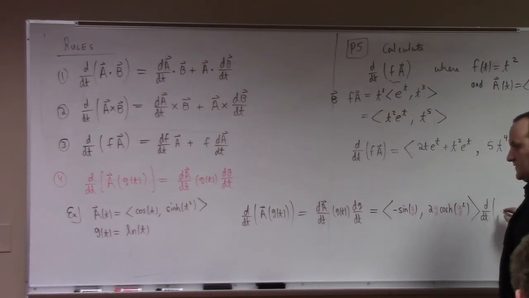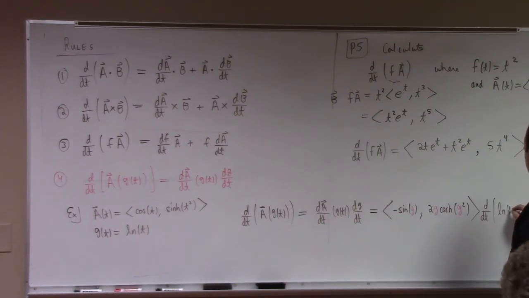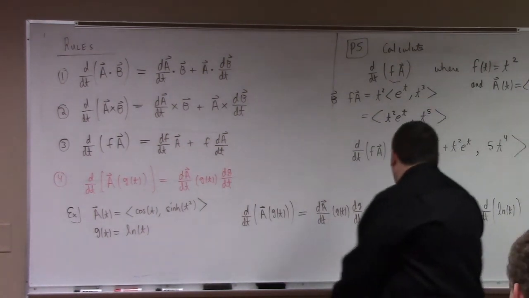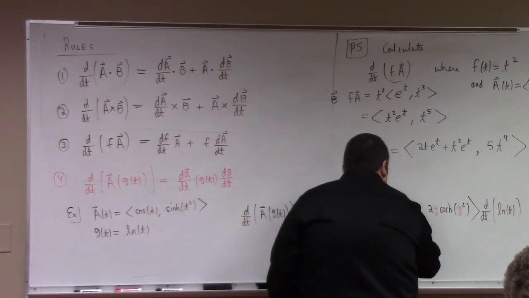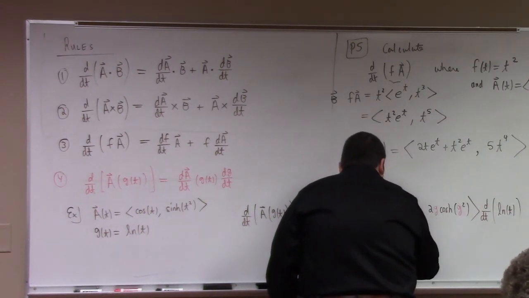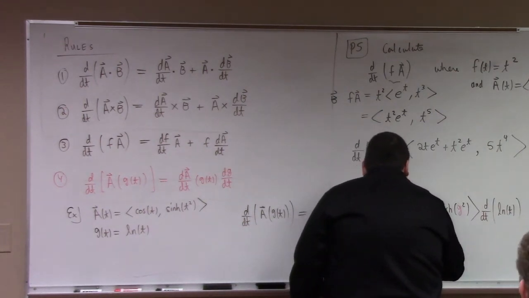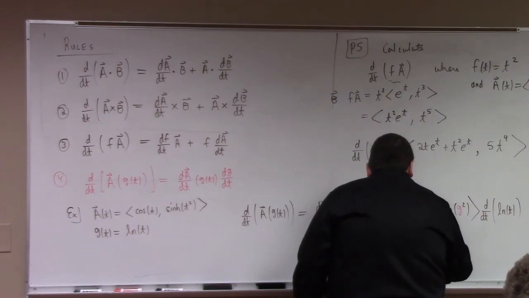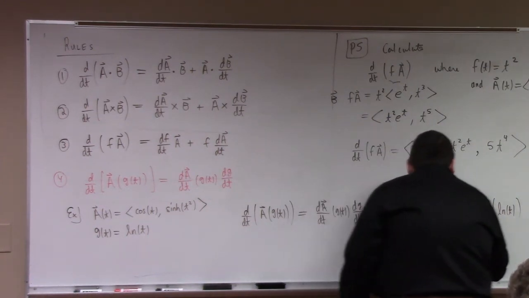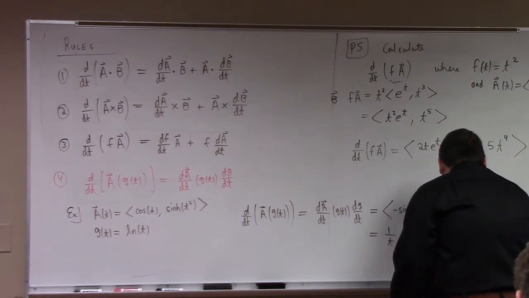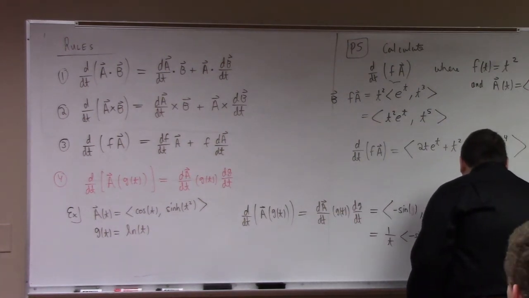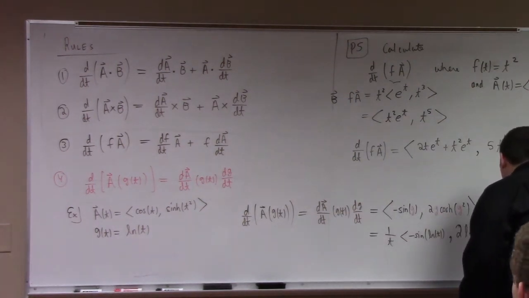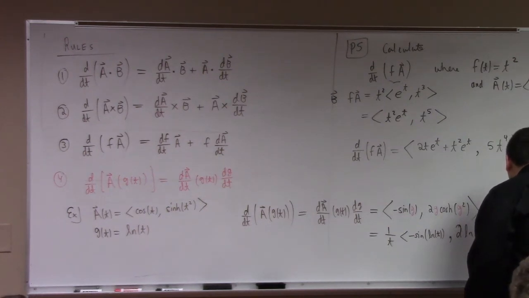What is g, though? g is natural log t, so that's just 1 over t. I'll just leave it out front. And then you've got minus sine of the natural log of t, comma, 2 natural log of t cosh of the natural log of t parentheses squared.